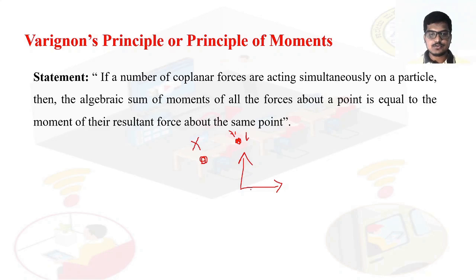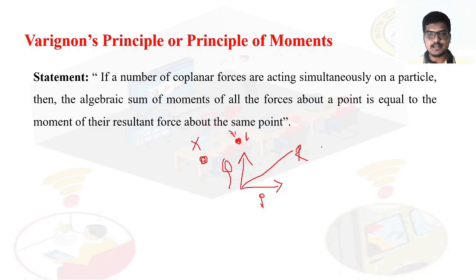So this is force P, this is force Q. The moment of Q about x plus the moment of P about x is equal to the moment of the resultant force about the same point.